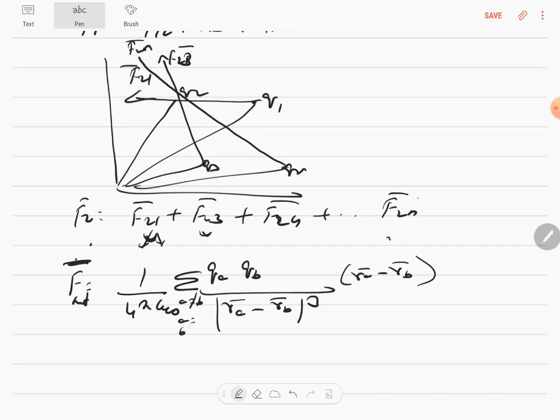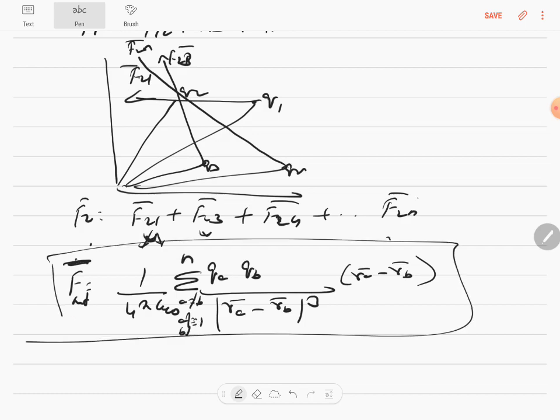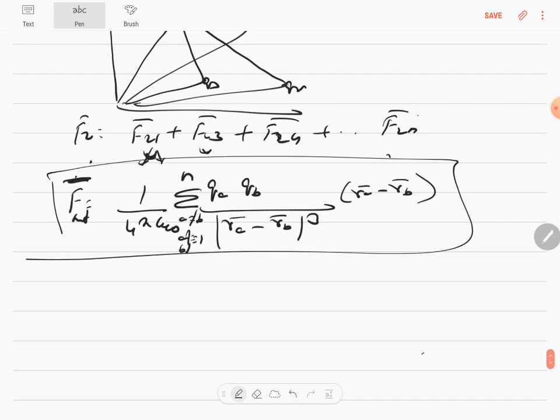And this is the general formula for superposition of charges, where all the particles will exert force on one another, and this is the total force on the system. Okay, so that's about it, and let's do some numericals on this.